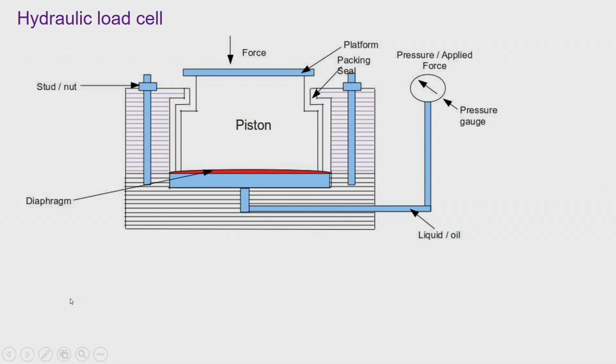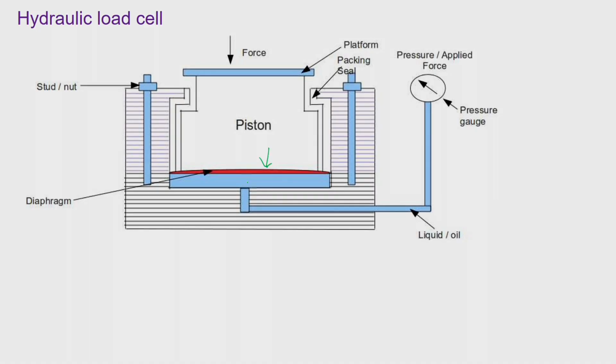Next, something most common I mentioned in the previous lecture also, hydraulic load cells. Very simple operation. We are applying a force on some platform, and on the other side of the platform we have a liquid filled cavity. So, the force is being transferred to this diaphragm, and thereby causing an increase in the pressure on the diaphragm, and this increase in pressure is sensed by a pressure measuring device, a Bourdon gauge or any kind of common pressure measuring tool.